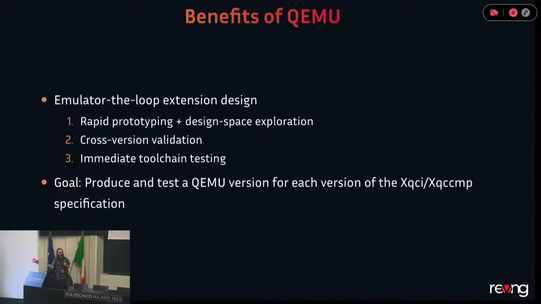You will get some failures, but you can verify that the failures you get are only for the instructions which should have changed. By doing this, we were able to catch a bunch of bugs in the upstream repository for the spec when updating versions. And then once we finally start getting toolchain support for the extensions, we can immediately start testing them against existing test suites. So the goal for this project can be summarized as producing a version of QEMU for each version of the Xqci and Xqccmp spec.